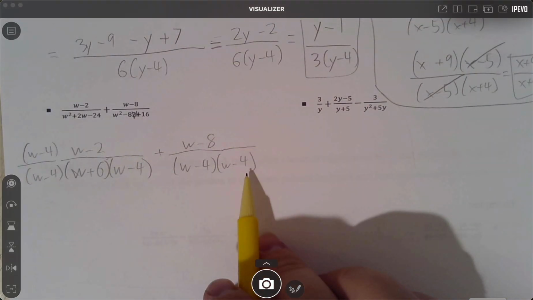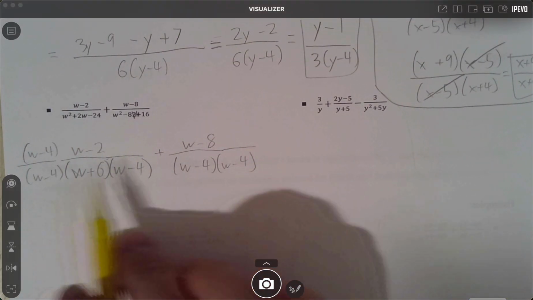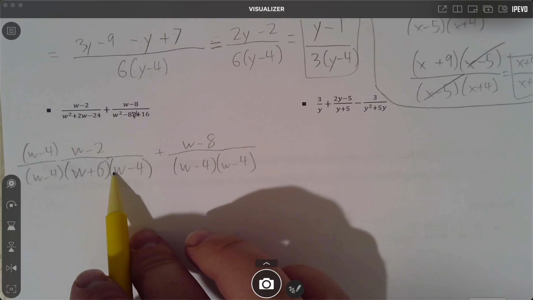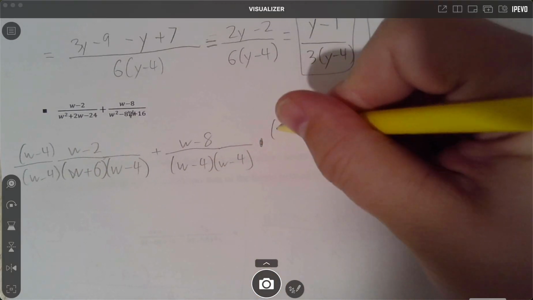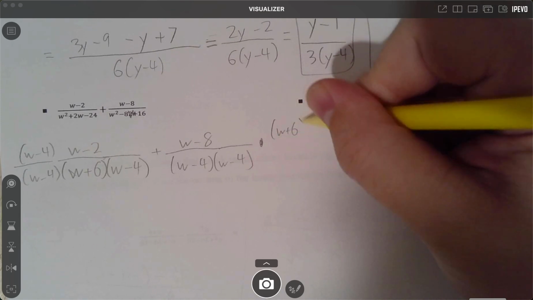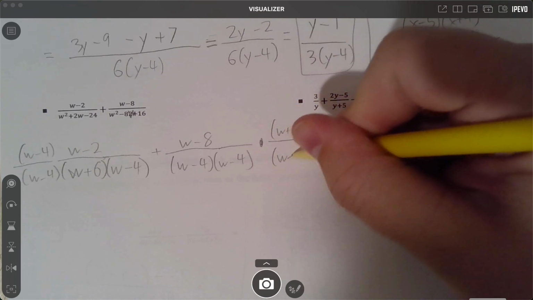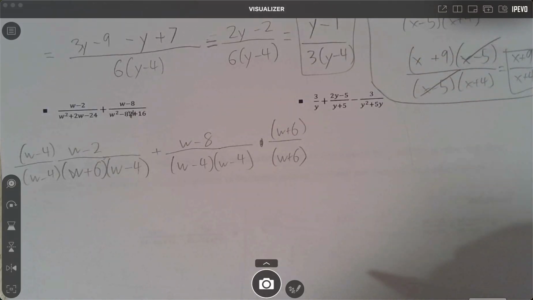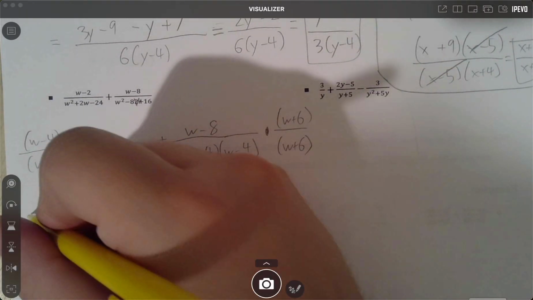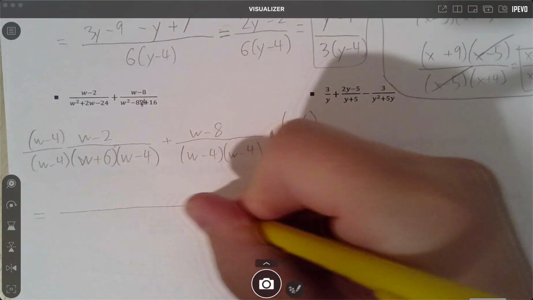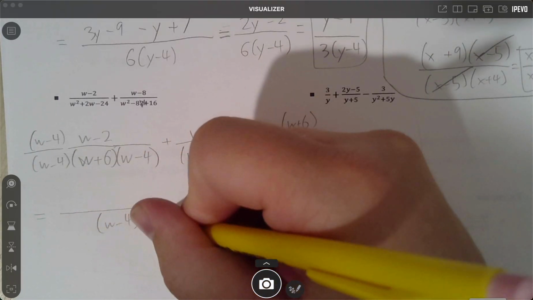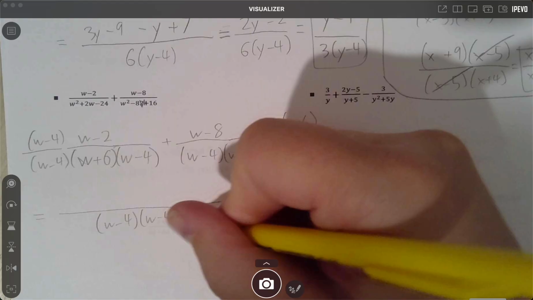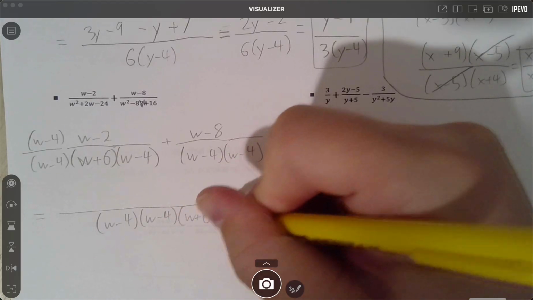On the right-hand side, I see 2 w minus 4s, but I also see a w plus 6, and that's not over here, so I need the w plus 6. All right, now that we have our common denominator, I'm going to write it like this. And I might start writing some squiggles here. But there's my common denominator.